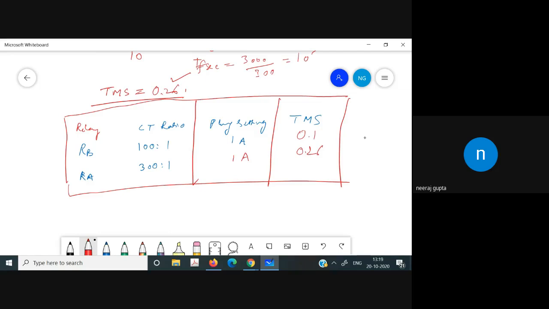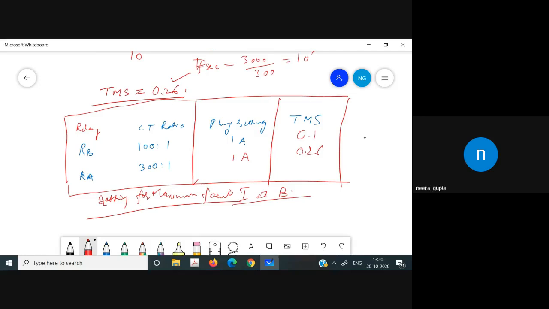Now we have to verify the selectivity for the minimum fault current. We have done our setting for the maximum fault current at B. Now, what we have to do is verify whether the selectivity for the minimum fault current is maintained or not.